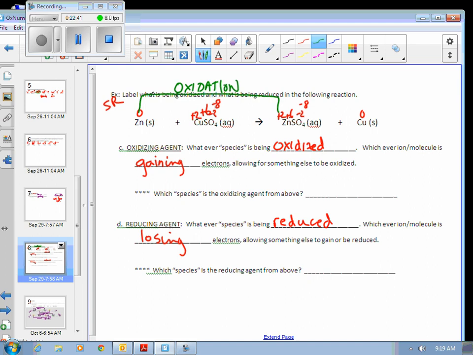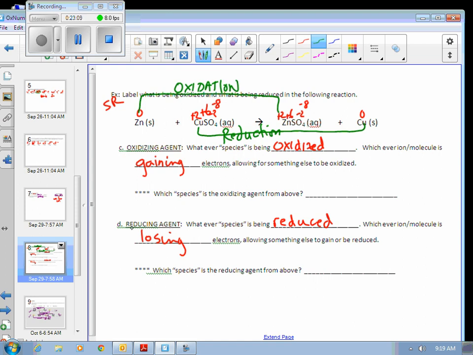If one thing's oxidized, something else has to be reduced. The only other thing changing its oxidation state is the copper. Here it's a +2, and here it's a 0. So the copper is gaining electrons to go from +2 to 0. It is being reduced, so this is the reduction part of the redox reaction. Nothing else is changing, so we are good to go.